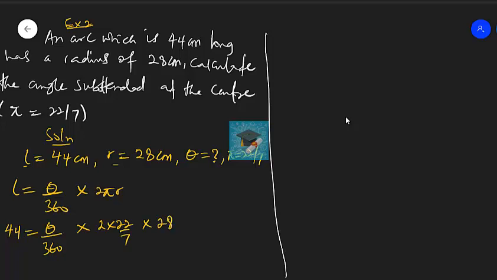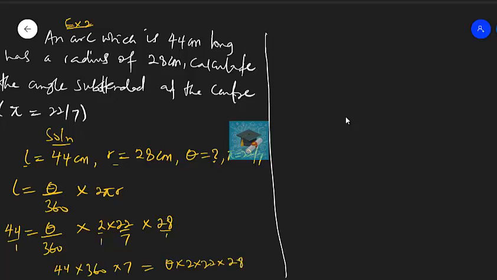So what you do in this case is you make theta the subject of the formula. This is over 1, this is over 1, this is over 1. It means therefore that if you cross multiply, you have 44 times 360 times 7 is equal to theta times 2 times 22 times 28.